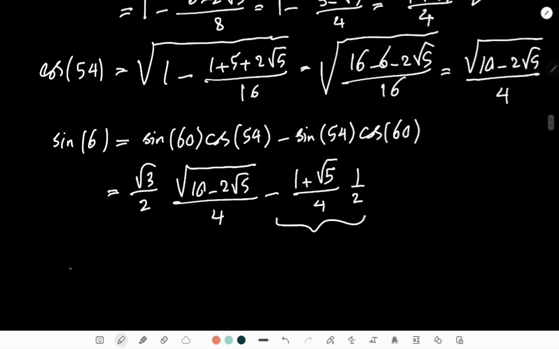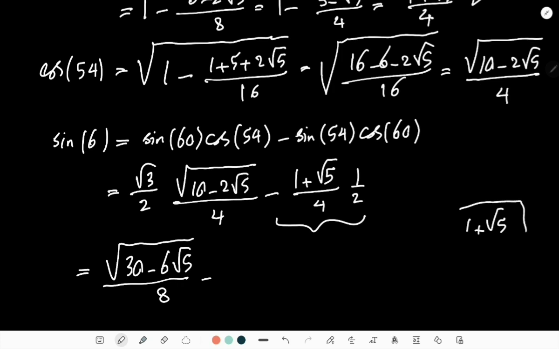I know that the second term doesn't look like what we had, but there is a trick to that. So this can be written as square root of 30 minus 6 square root of 5 over 8 minus, well, I have 1 plus square root of 5. If you remember, the second term was something like a square root.